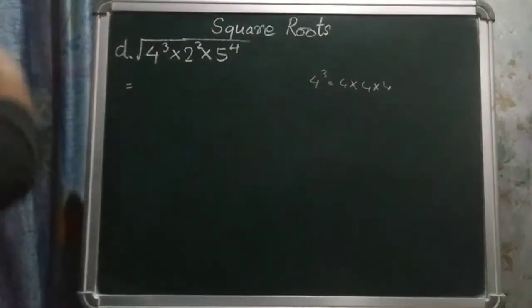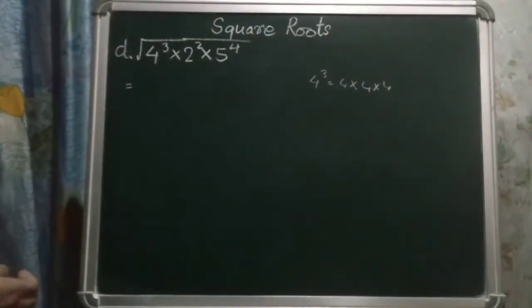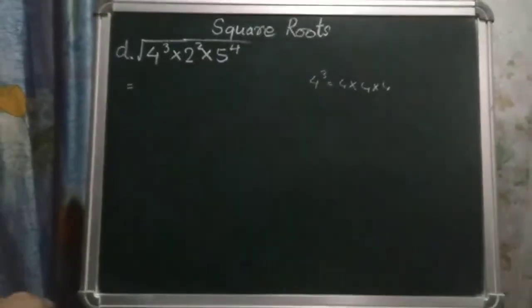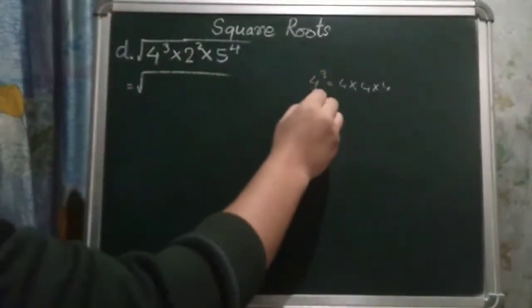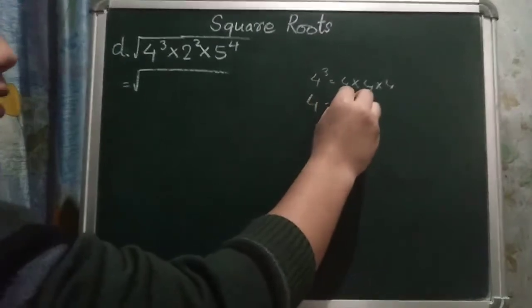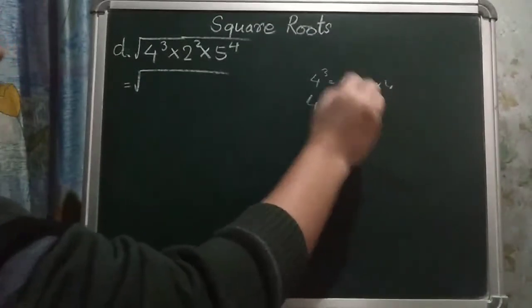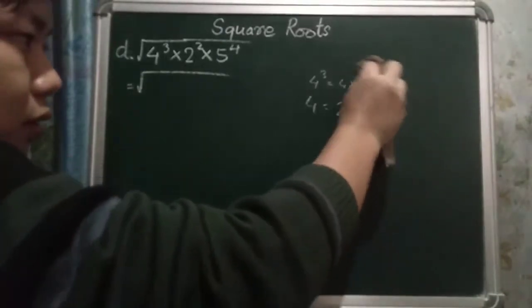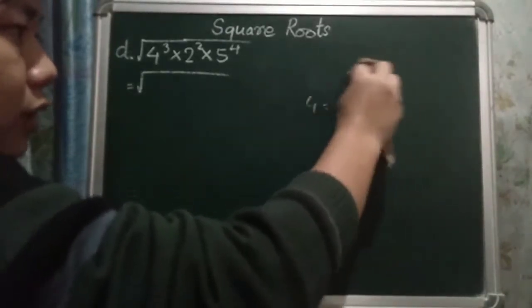We cannot convert that into this square root. So first we consider 4. We know that 2 to the power 2 is equal to 4.